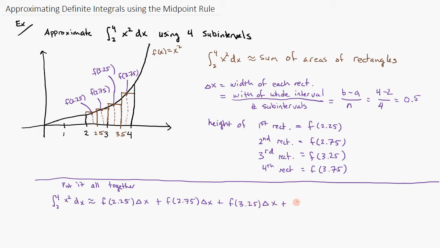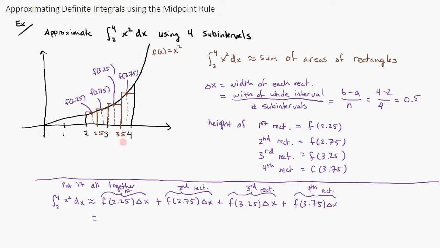And then the fourth rectangle, f of 3.75 delta x. So now we're ready to compute.